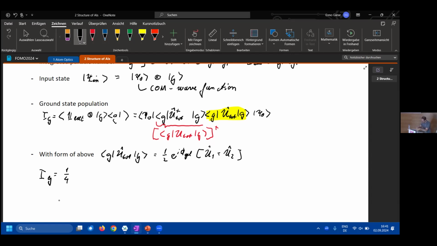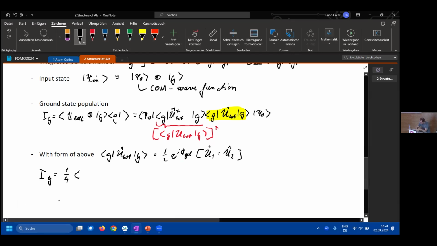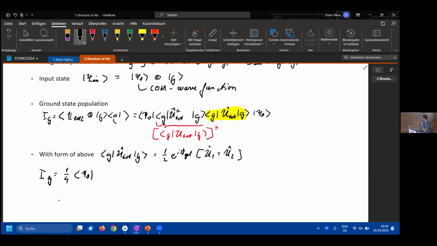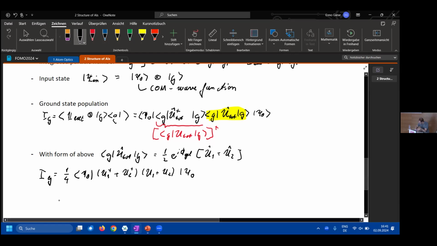And what survives, and that's the point, is the expectation value with respect to the initial center of mass wave function. I just have now U1 dagger plus U2 dagger times U1 plus U2 times psi naught.